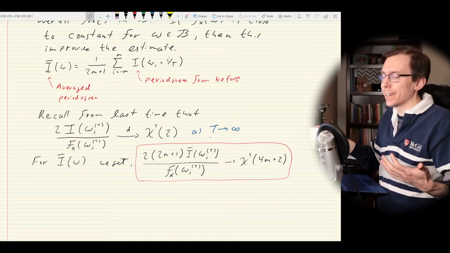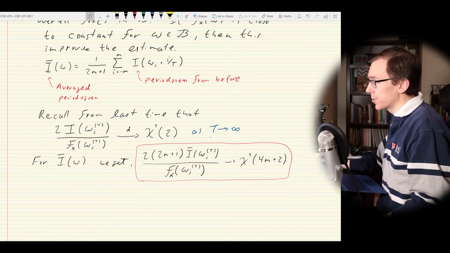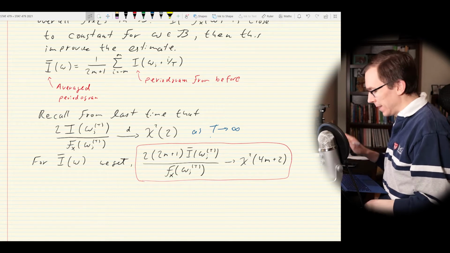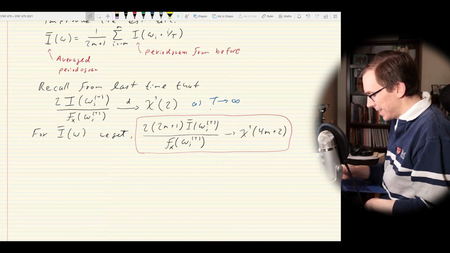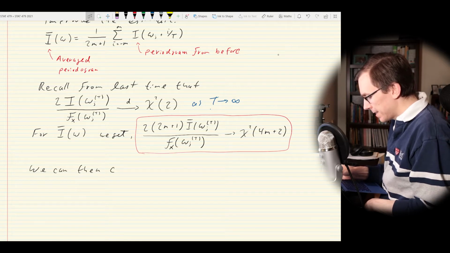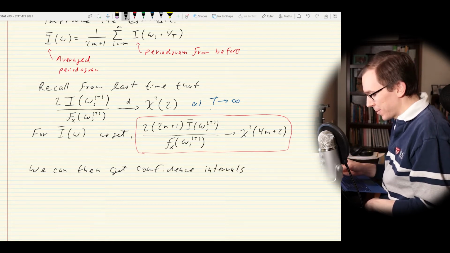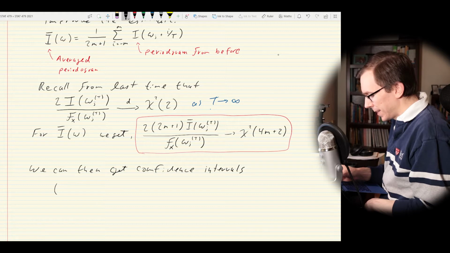Similarly, from here we could go back to what we did in the previous lecture and construct confidence bands. Just for completeness, I'll write it out. We can get confidence intervals, I should say, because these are pointwise. If I multiply the 2 in there, I get 4m plus 2 times I bar.